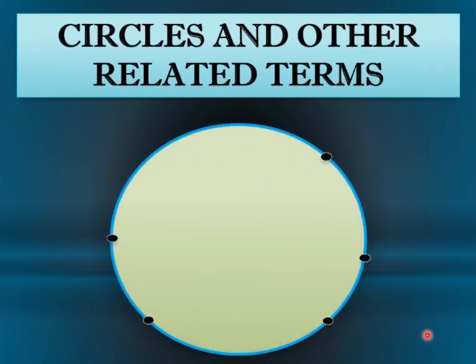Given the circle, the center is at point O. A segment whose endpoints are the center of the circle and a point on the circle, let's say point A, is called a radius.